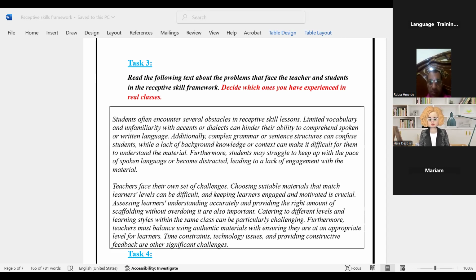Okay, so now my friends, breakout rooms. Share your answers. Let's go for breakout rooms, and here we are.